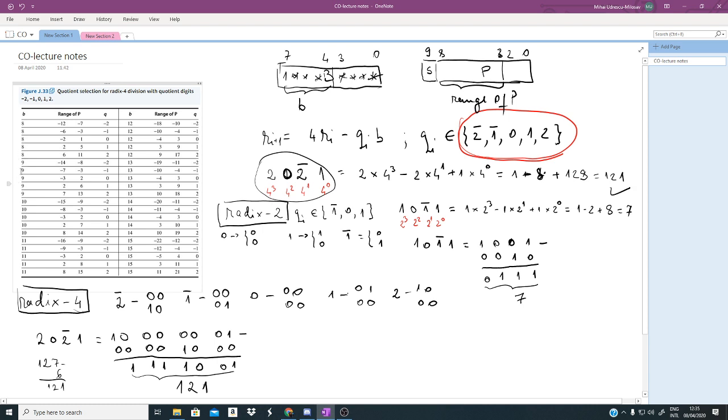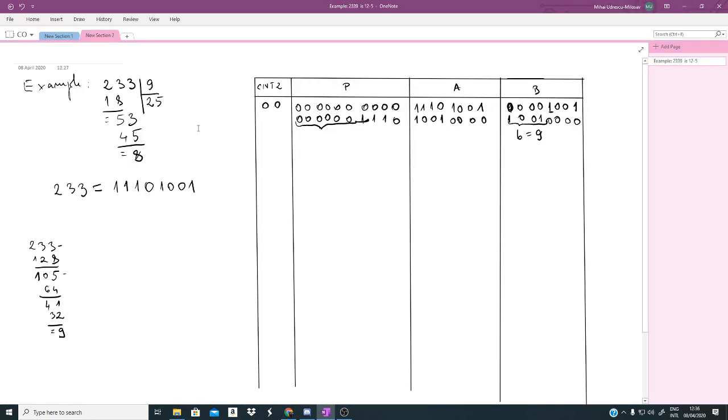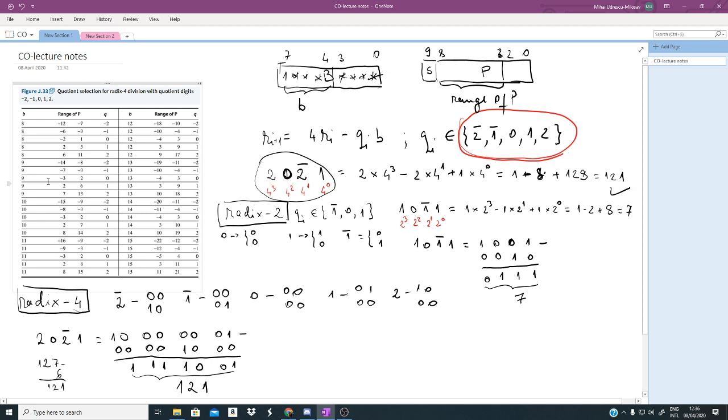Our B is 9, and if we are looking at these 7 most significant bits from register P, this value is 1. So it's 0, 0, 0, and 1. That's 1. If we are looking here, where is 1? When B is 9, well, it should be somewhere here, right?